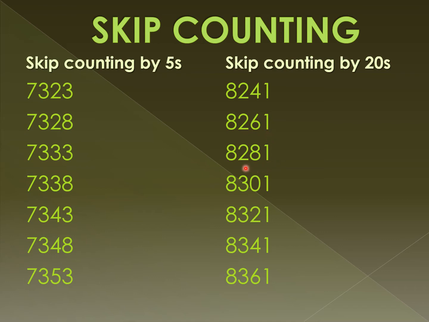Again, we add 20. 8,281. Again 20. 8,301. 8,321. 8,341. And finally 8,361. So this is how we do skip counting by fives and skip counting by 20s.